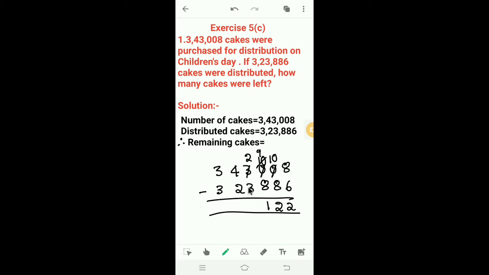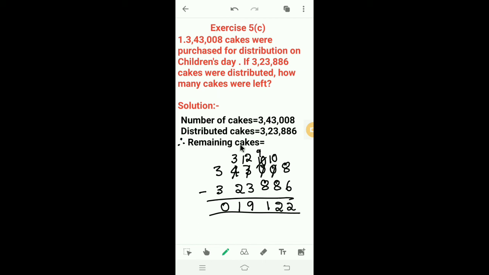Is 2 minus 3 possible to subtract? No, it is not possible. So we have to borrow from 4. If we borrow from 4, then 4 becomes 3 and here 2 becomes 12. 12 minus 3 is 9. 3 minus 2 is 1. 3 minus 3 is 0. So the answer is 19,122.